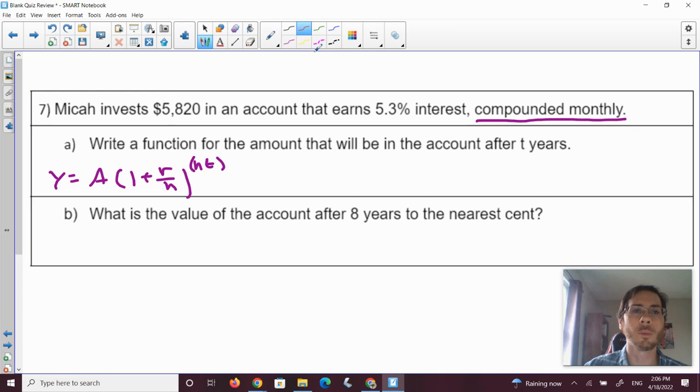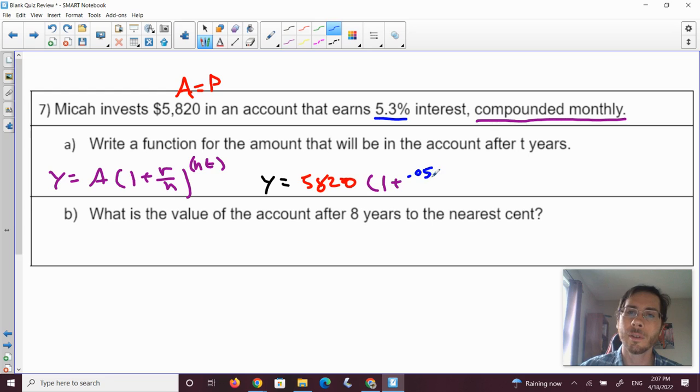All right, and again, we're just going to fill it in. So the amount we start with is a or p, if you like that to be p. So 5820. In parentheses, 1 stays as 1. The interest rate we have here is 5.3, so 0.053. And now we have monthly.